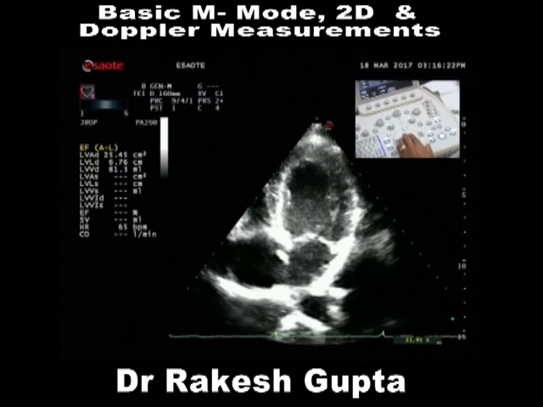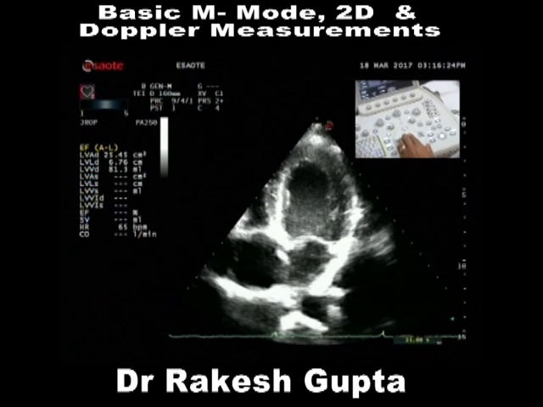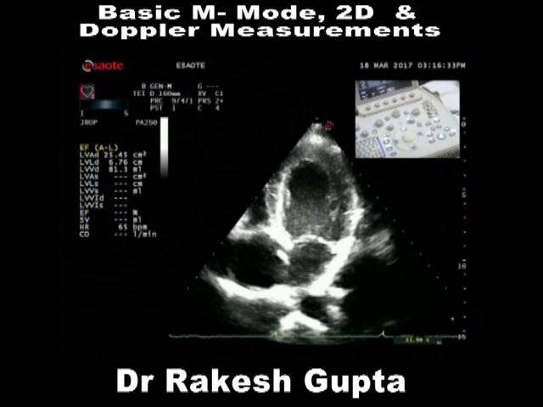Now to get the smallest possible. Correct? And look at the cursor. Cursor has gone beyond this T wave. I'll press measure again, bring it down to the medial annulus, trace the endocardial border delineation, exclude or include whatever you want to do with the papillary muscle, but you should do both times.